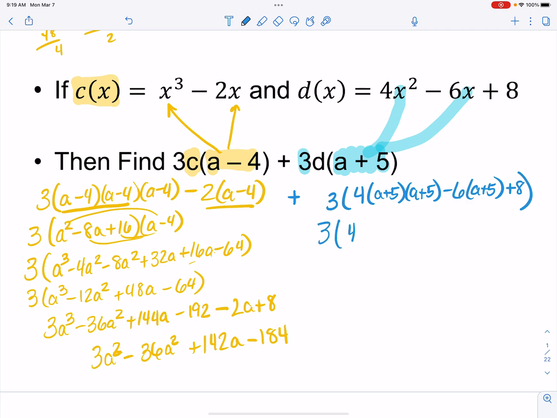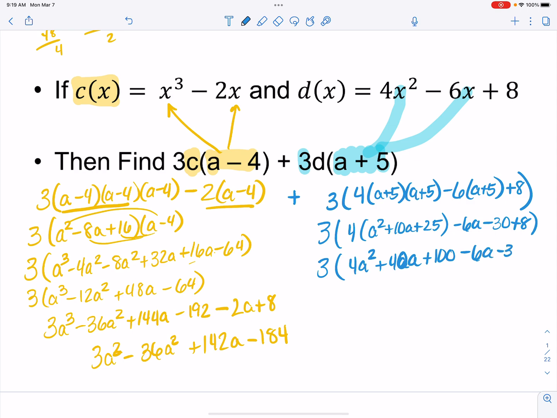So a plus 5 and a plus 5 is a squared plus 10a plus 25 minus 6a minus 30 plus 8, and then I got to times all of that by 4, plus 40a, plus 100, minus 6a minus, let's go and put those together.